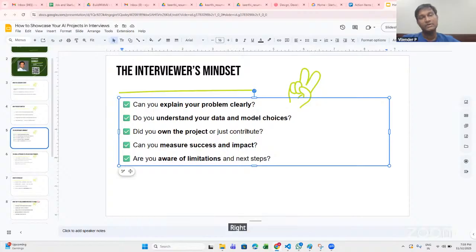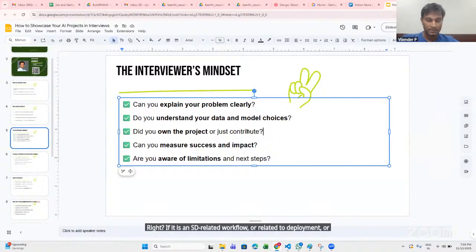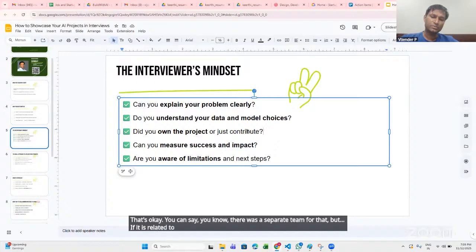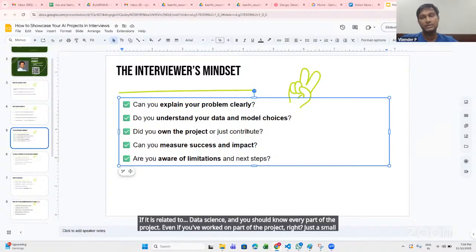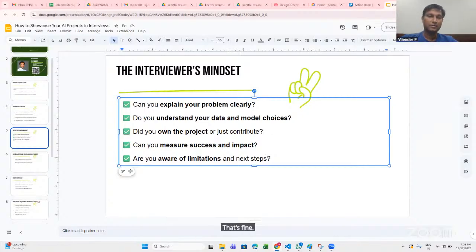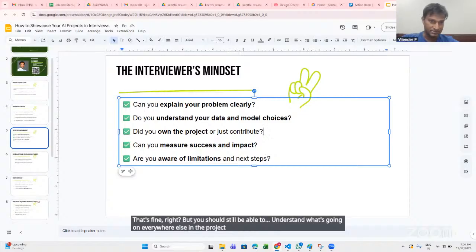If it is related to deployment or DevOps, that's okay. You can say there was a separate team for that. But if it is related to data science, then you should know every part of the project, even if you worked on just a small part, that's fine. But you should still be able to understand what's going on everywhere else in the project. So typically you should own the project.